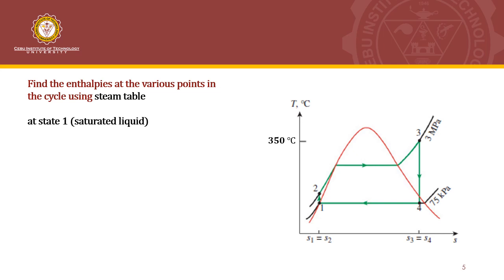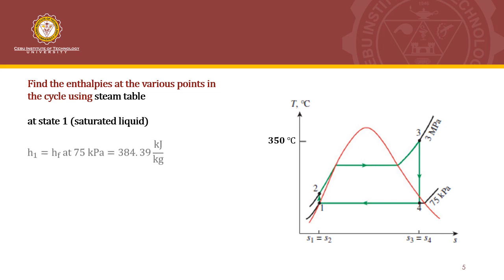Again, that is an idealization only. It is not necessarily the actual thing that happens in an actual power plant, but it is the idea. So that's why it's saturated liquid at the outlet of the condenser, or point 1.